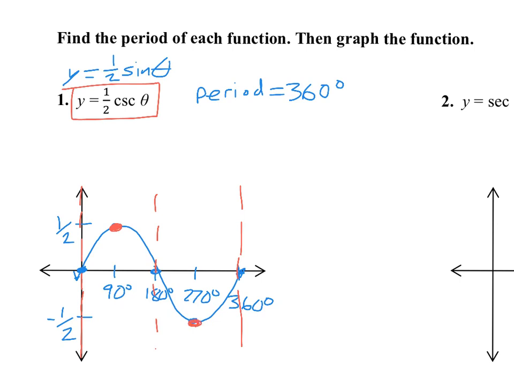Alright, so you might be asking, why do those share the same point? The reciprocal of 1/2 is 2. So the way I would explain that is looking at sine of theta and cosecant of theta, those functions are reciprocals of each other. So those equal 1 at the same point, at the same time.